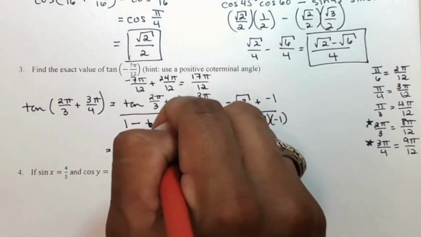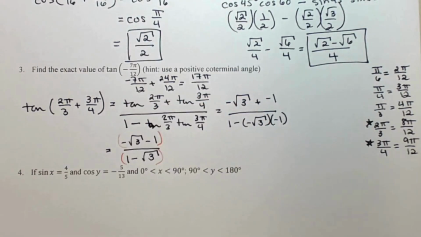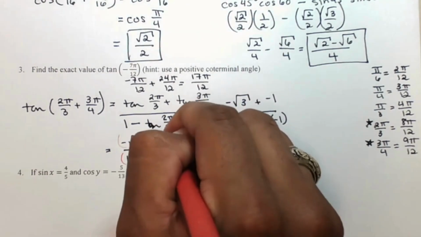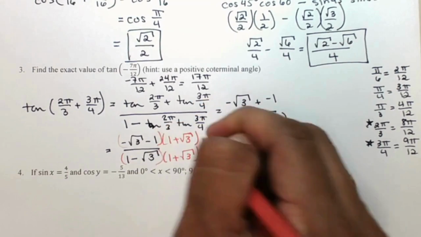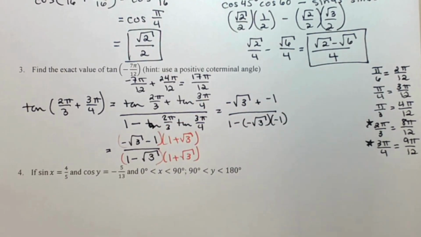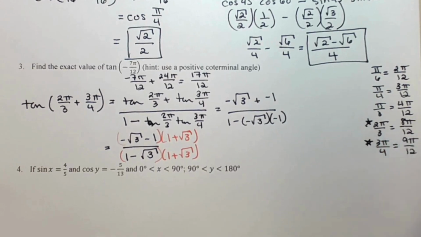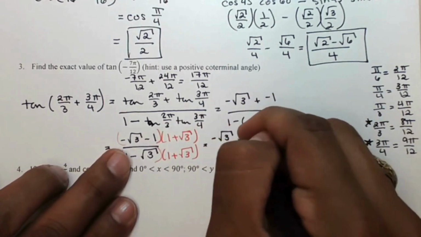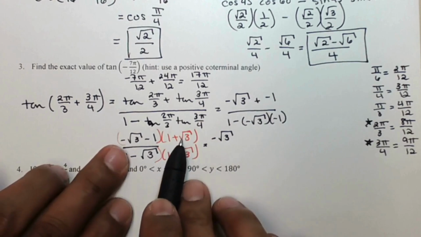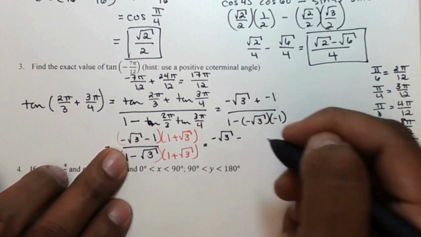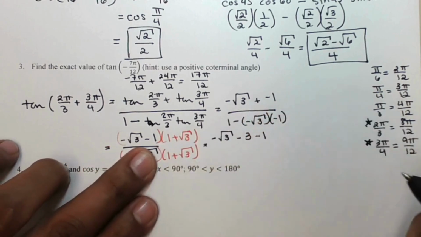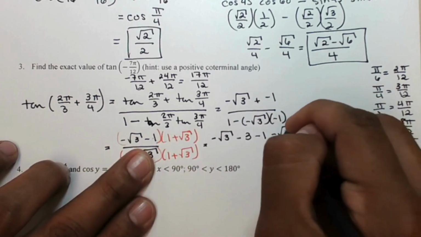So how do I simplify this? Well, we multiply the top and the bottom by the conjugate of the denominator. The conjugate of the denominator is 1 plus root 3, and I do that to the top and the bottom. This is something that you should have done in Algebra 1 and Algebra 2. If I FOIL out the top, we end up getting negative root 3, and then negative root 3 times positive root 3, which is negative root 9, or just negative 3. Negative 1 times negative 1 is negative 1, and then negative 1 times root 3.